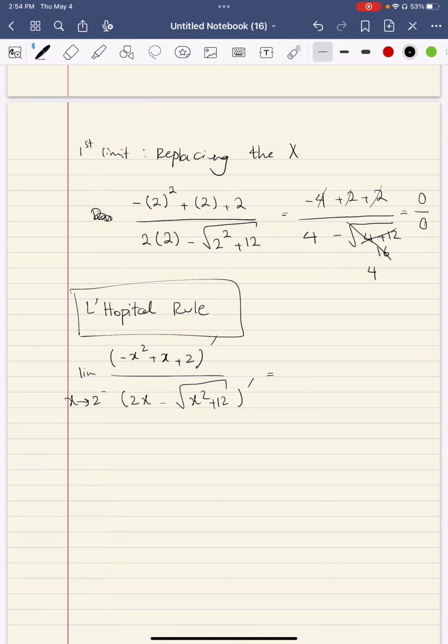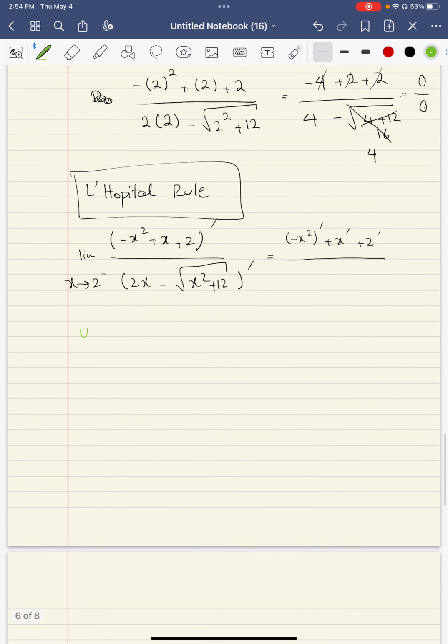So let's find the derivative of the numerator first. We have the derivative of negative x to the power of 2 plus x plus 2, over the derivative of this guy in here. If you remember, we had some rules, and one of them was the derivative of u plus v, which is u prime plus v prime.